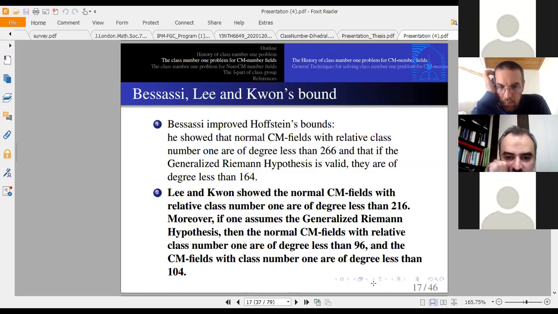And this bound, assuming GRH, can be improved to degree less than or equal to 96. So this was for relative class number 1, and with class number 1, the degree is less than 104. No assumption on GRH is needed.